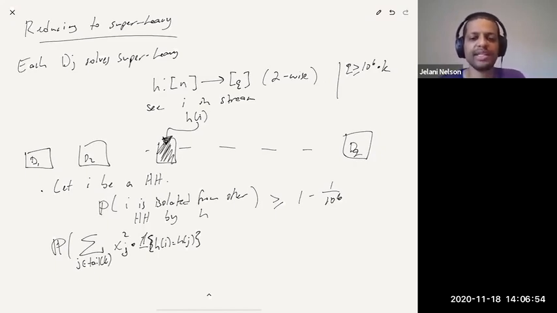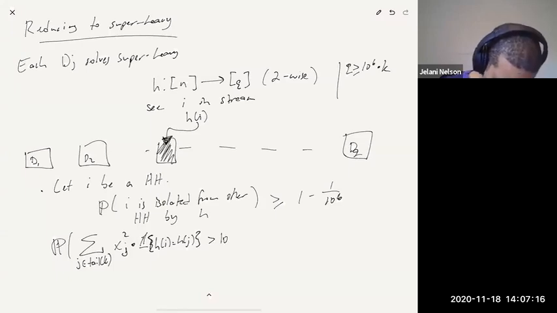So you expect this thing to be at most the L2 norm of x tail k squared over q, which is like 1 over a million times x tail squared. So what's the probability that this is bigger than, let's say, 10 times its expectation, where its expectation is at most the L2 norm of x tail k squared over q?